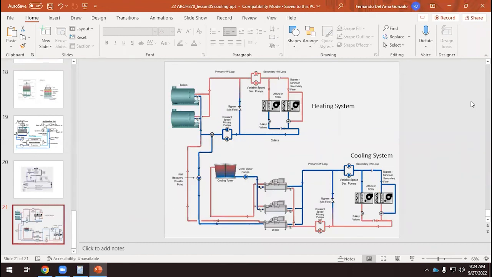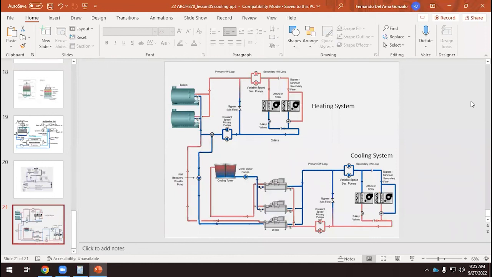Is the boiler connected to this? Yes. It's connected to the air handling unit. The chillers, the water-cooled chillers, are connected to the units here, and they are connected to the cooling tower there. And there is even a connection between the boiler and the chiller. Okay, but maybe there's a reason to do it.